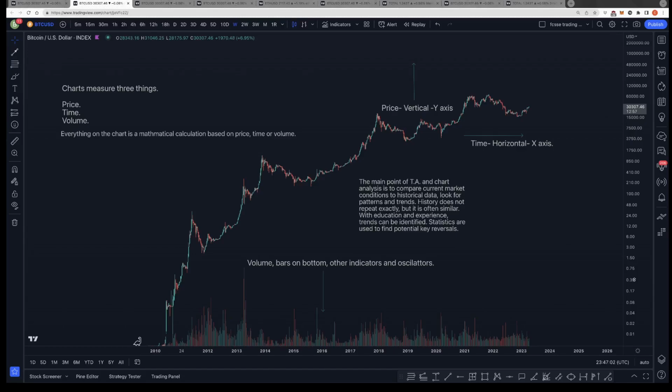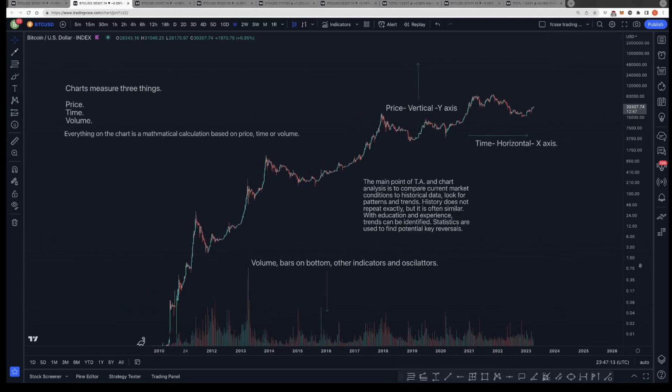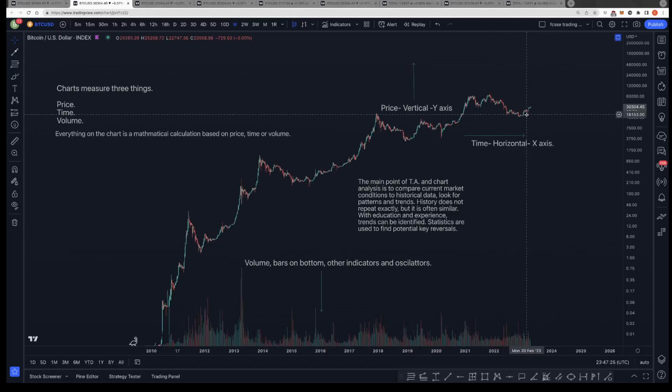But the more you do it and the more data you gather, the more accurate you're going to be. So that is a brief intro to charting and TA. Again, the whole point is to try to make an educated guess on the next direction of the market. You can see here that, just looking at this, we had our downtrend and we're popping back up. Similar to what happened here, downtrend, and we're starting to pop back up.